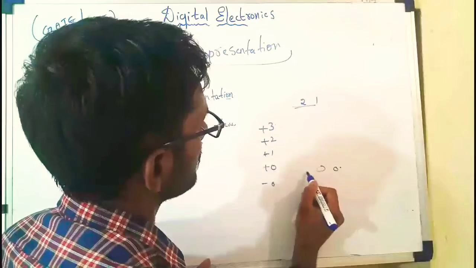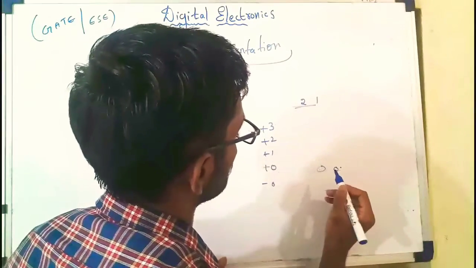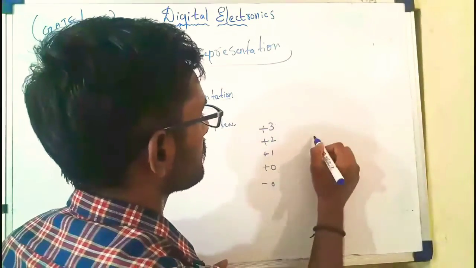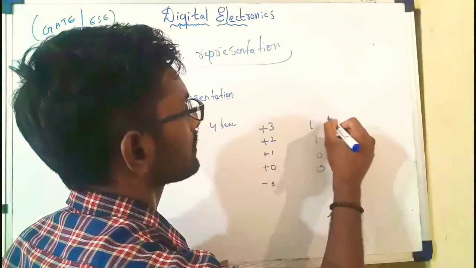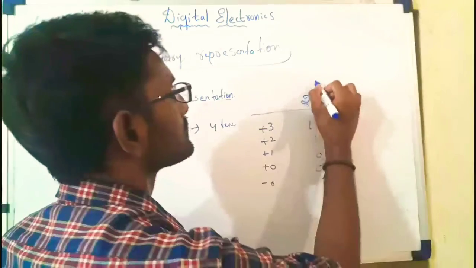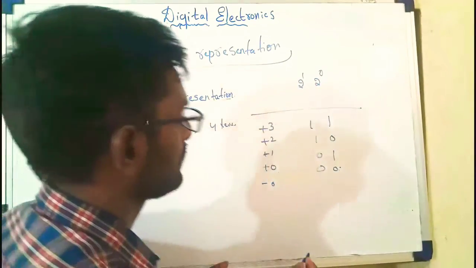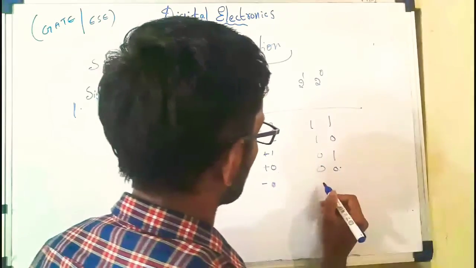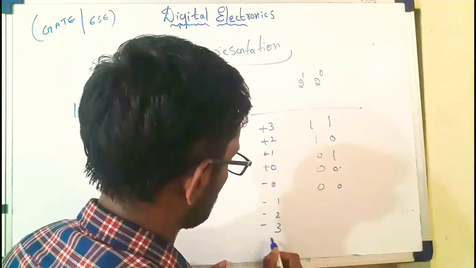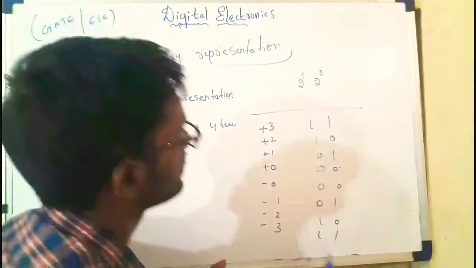First of all, I am writing the values of normal representations. For 0, the binary value is 0, 0. For 1, 0, 1. For 2, 1, 0. For 3, 1, 1. For minus 0, first we will write the value for zeros, then for 1, 0, 1, and 2, 1, 0.